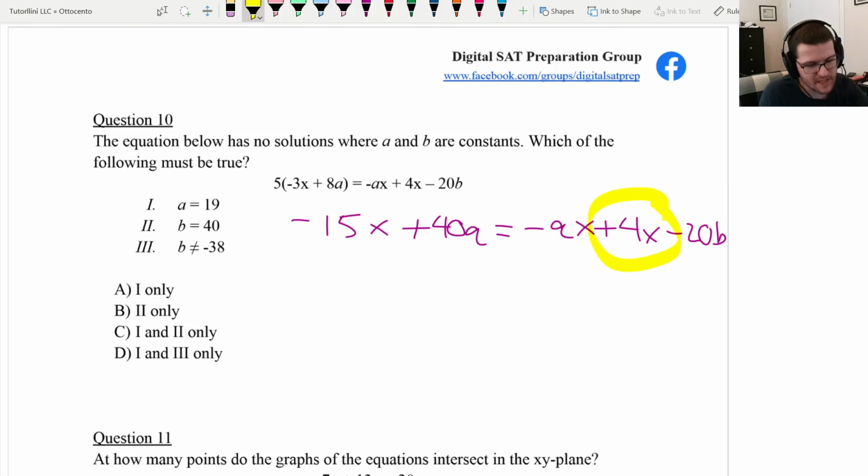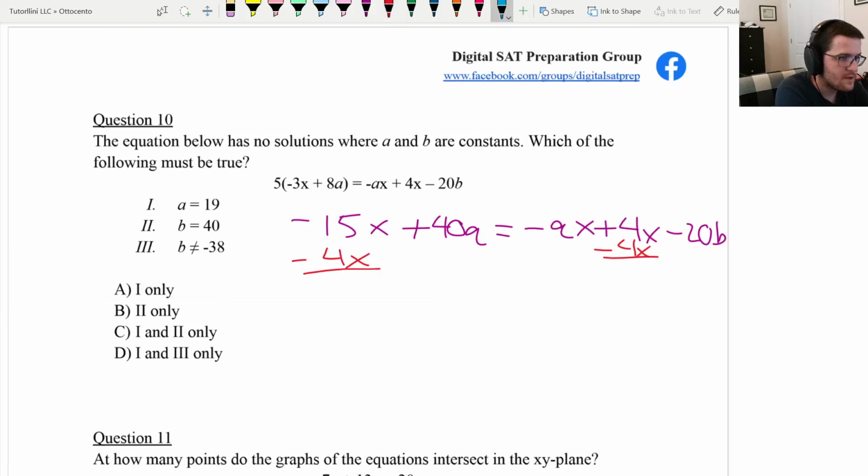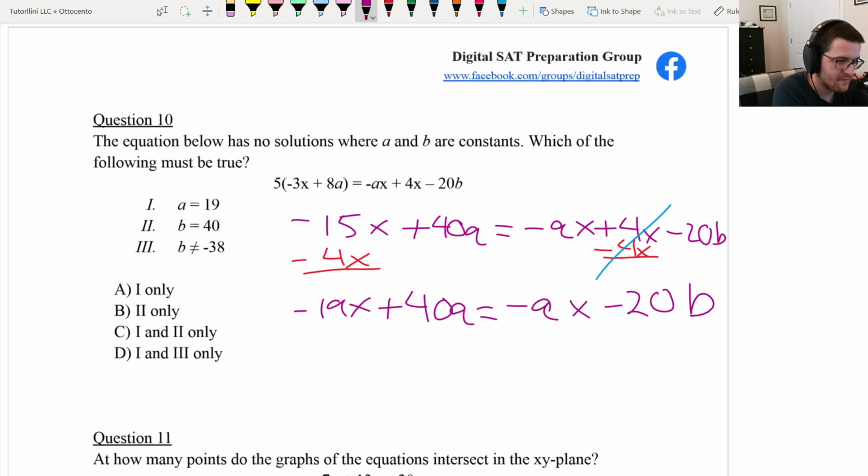We could move the ax, but we want to move something with a number in front of it if possible so that it can get absorbed into that negative 15. So we're going to subtract 4x from both sides. This guy goes away. And we are left with negative 19x plus 40a equals negative ax minus 20b.